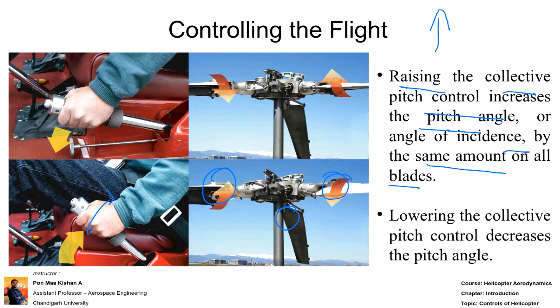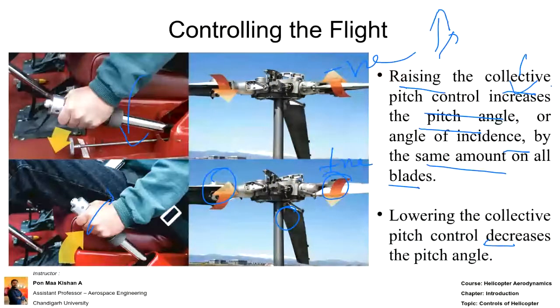When he is lowering the control lever, the opposite pitch angle will be there. Let's say this is a positive pitch angle, so this will be a negative pitch angle. Lowering the collective control decreases the pitch angle so that we can descend. So to take off we raise it, and for descent, that is to land, we lower the pitch control.